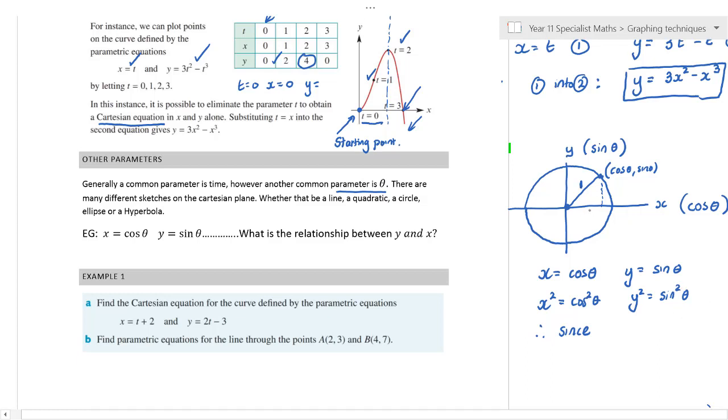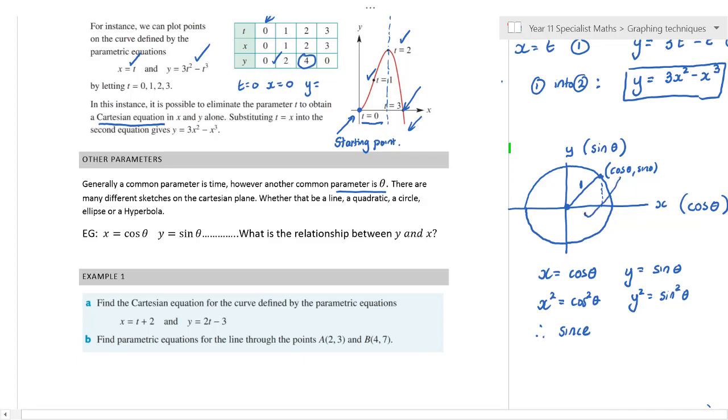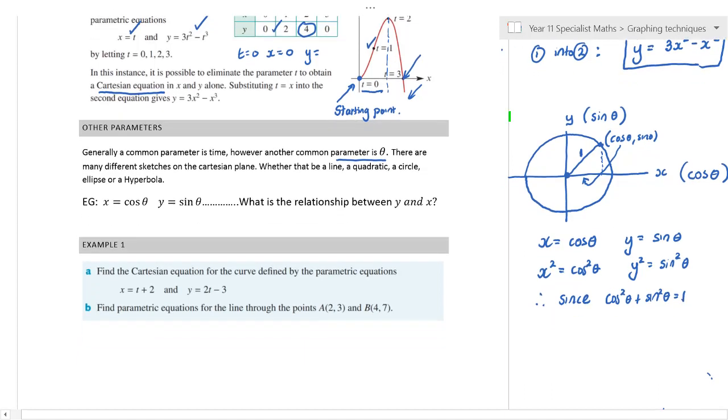And we know that if I did Pythagoras, this distance here is considered cos theta, isn't it? So using Pythagoras, since cos squared theta plus sine squared theta is equal to 1, therefore, what can we say? x squared plus y squared is equal to 1.